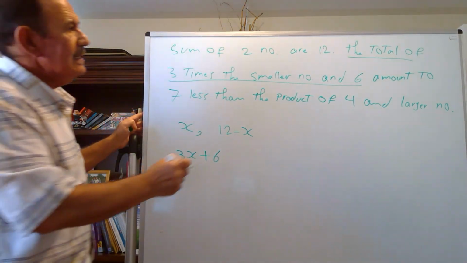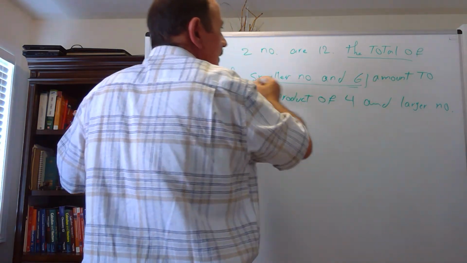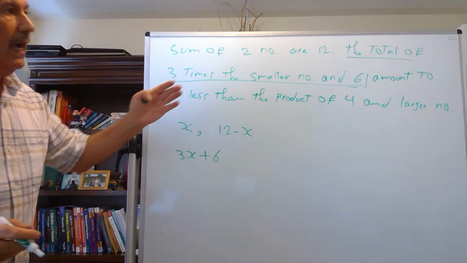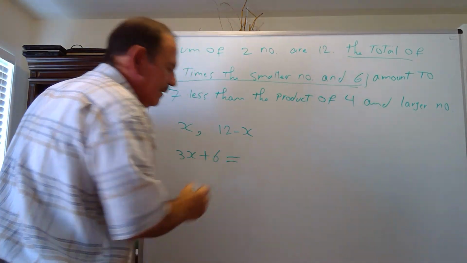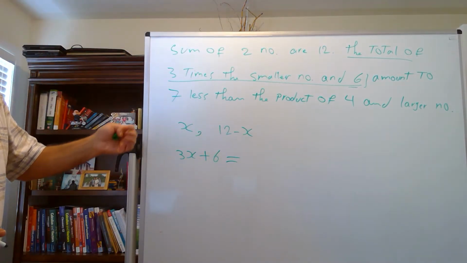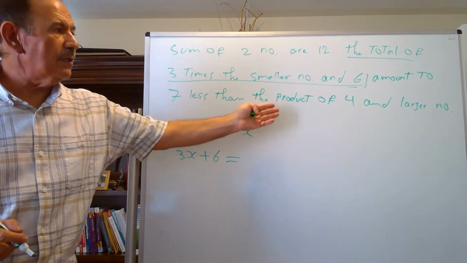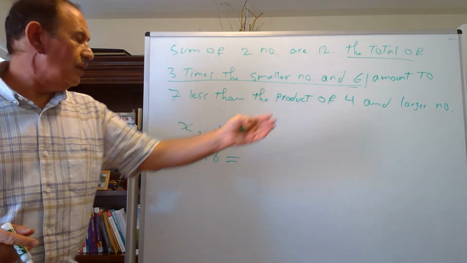This is the first part. Amount to means is, or ends up to.